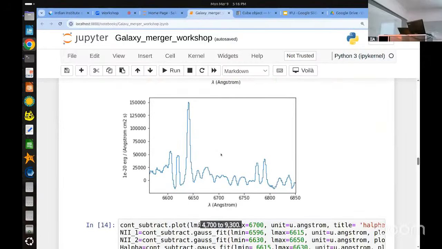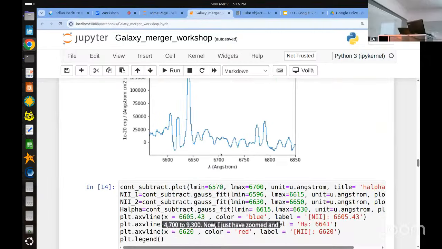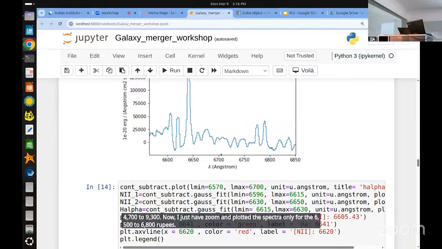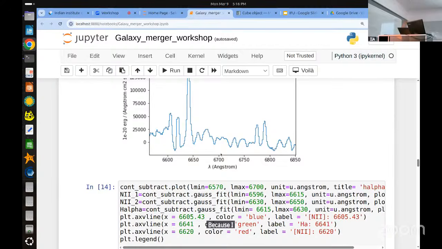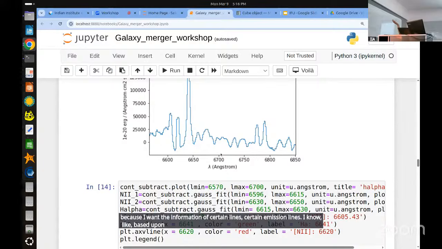Now I have zoomed in and plotted only 6,500 to 6,850, because I want the information of certain emission lines. Based upon the redshift of the galaxy, I know where the H alpha, N2 or O2 redshifted lines will be. So I am zooming into that region to look at the line information.